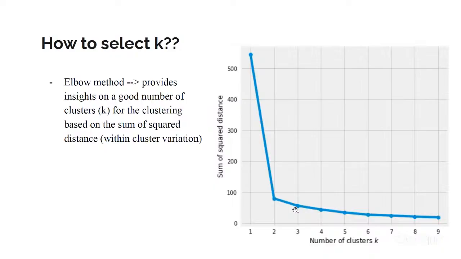It has lower sum of square distance and the number of K is also not too high. So essentially you have to look at this point and choose a K that's good enough. Okay, it shouldn't be too large and it should also have less sum of square distance of these elements.